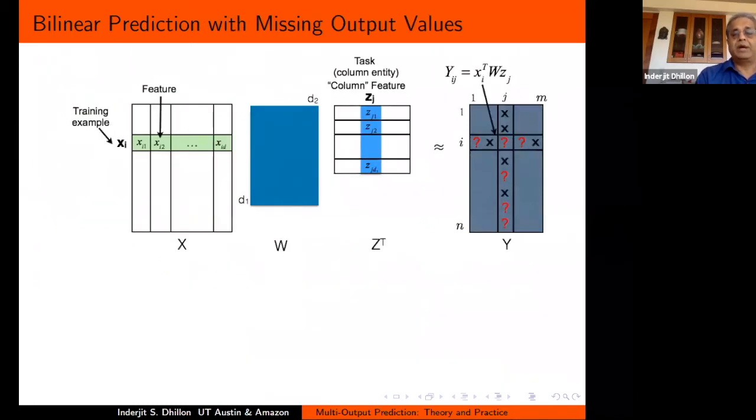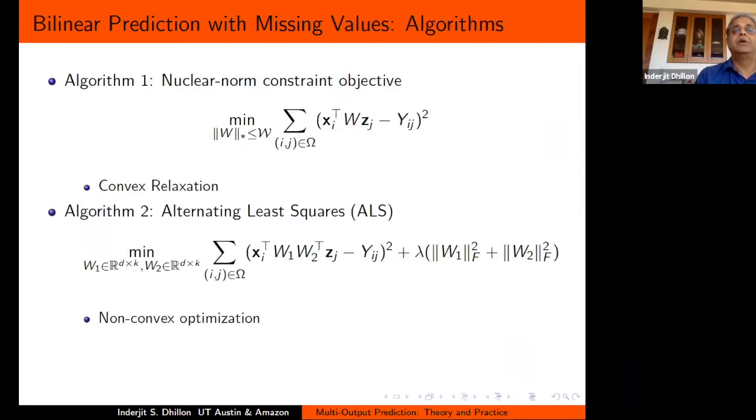But now, as I told you before, in real life, most of the applications actually come with missing values, as a result of which there is no closed form solution. And then you need to use the same kind of algorithms that I mentioned before.